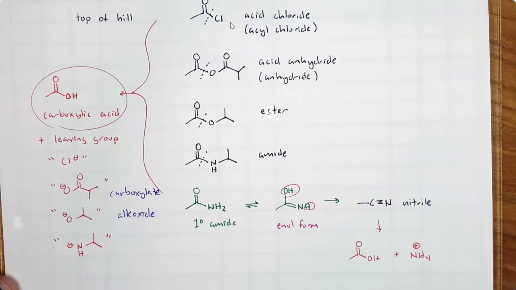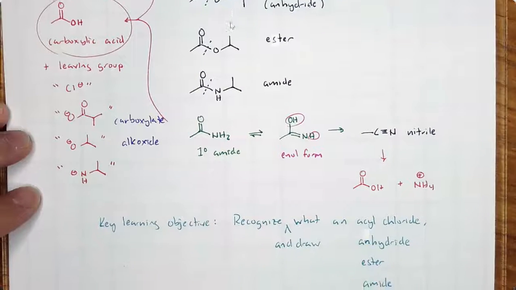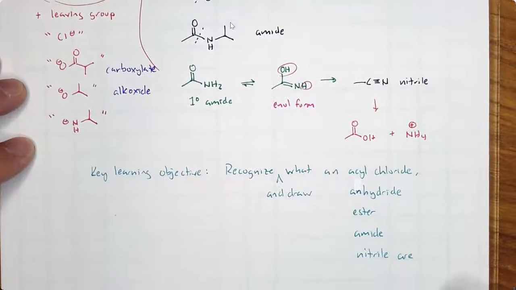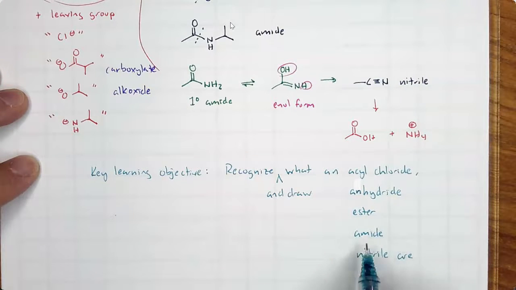In the mechanism, eventually the nitrogen leaves as an ammonium ion. Right now, your main learning objective is to recognize and be able to draw what an acyl chloride, anhydride, ester, amide, and nitrile are.